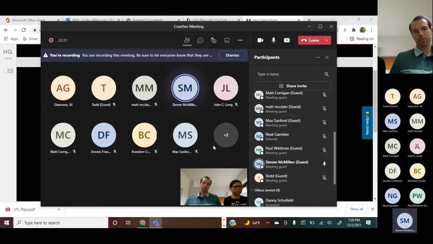And can behind the line of scrimmage throws be considered runs and able to run or no? In K through second, Steve? Yes, correct. K through second, you have unlimited runs. So the laterals and the double passes and all that stuff don't really apply to you.